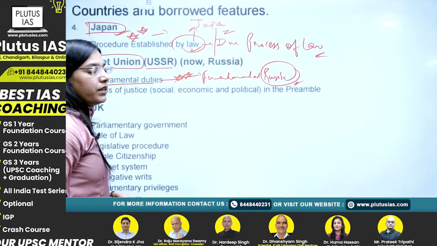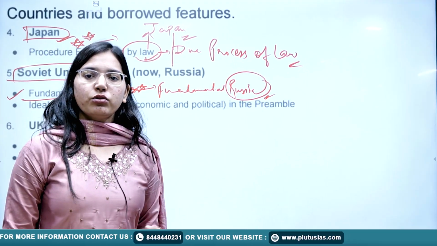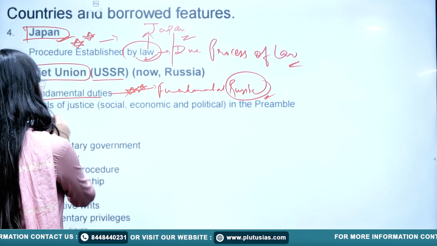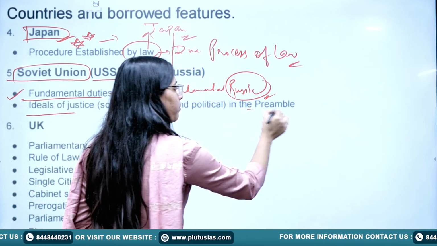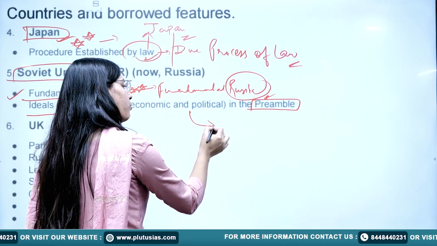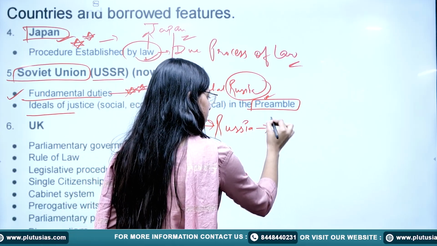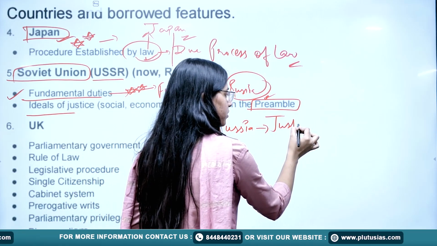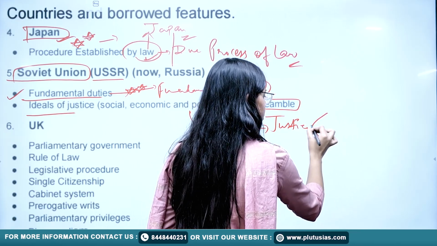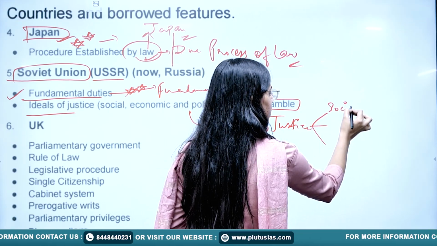After that, the ideals of justice, socio-economic and political. All this justice in our preamble is taken from Russia only. In justice, all three parts: social, economic and political.